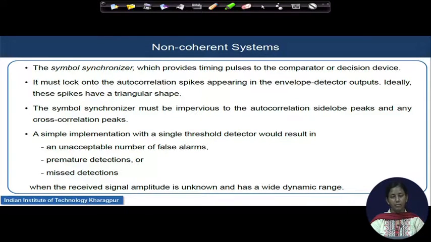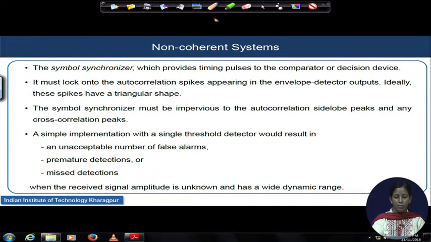Now, the symbol synchronizer that we have seen in the last slide provides the timing pulses. It is a symbol synchronizer. It will intimate the start point of the timing, where the symbol start point is, to the comparator or the decision device.